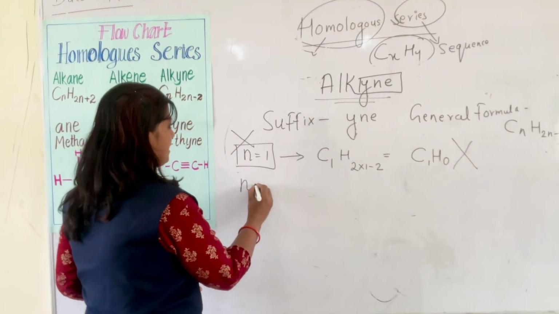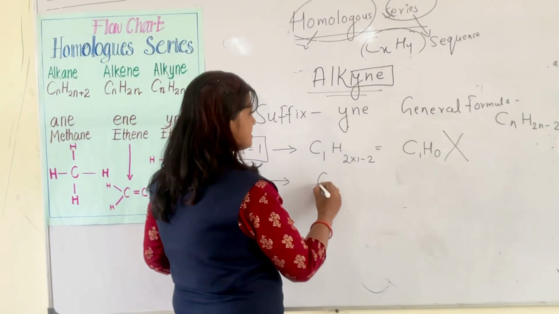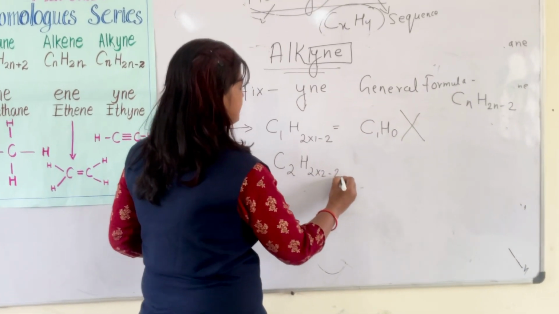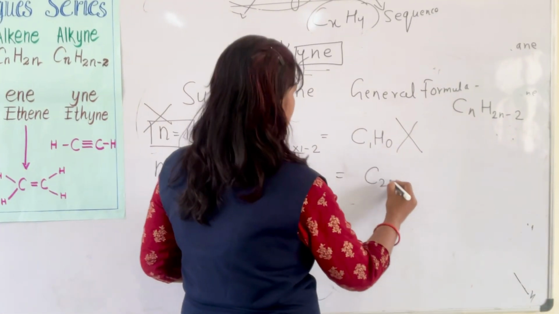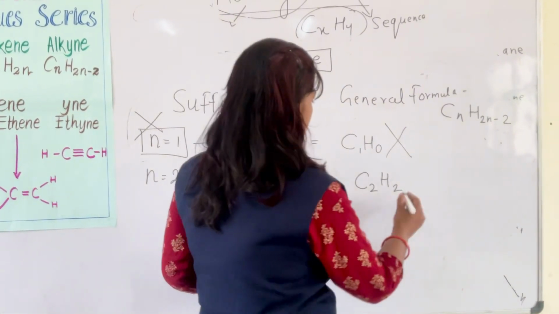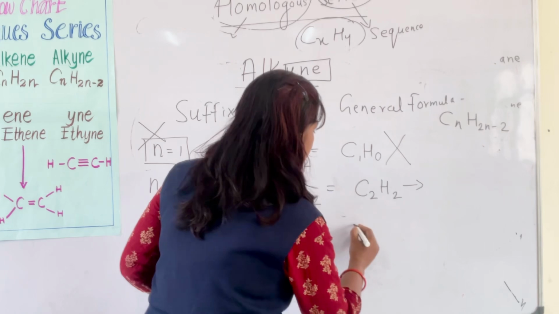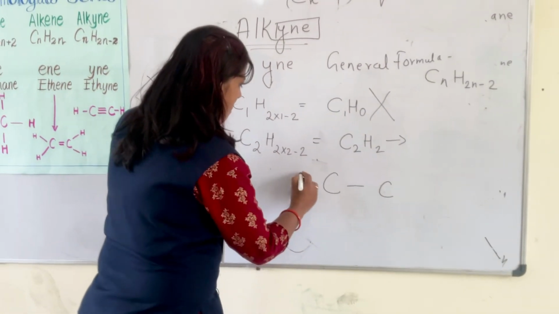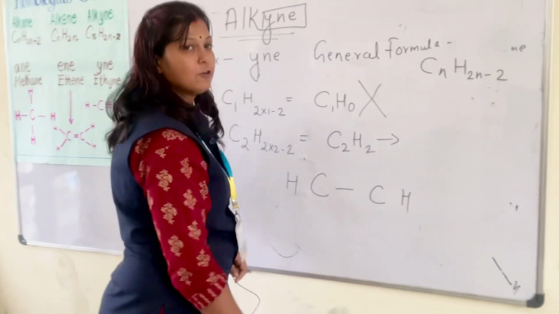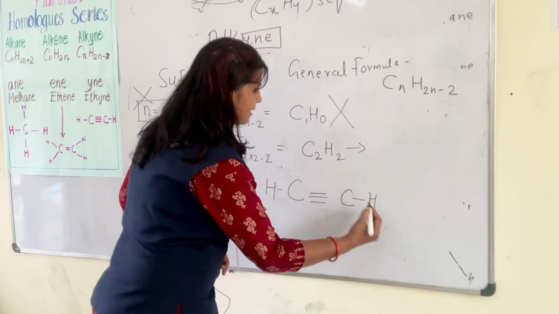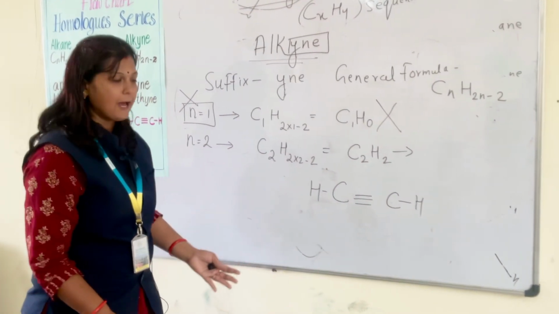Now we will go with n equal to 2. We will check C2, hydrogen 2 into 2 minus 2. C2, hydrogen 2 into 2 is 4, minus 2 is 2. Now how to draw the structure? 2 carbon molecules bonded with 2 hydrogen. 1 hydrogen, 1 hydrogen. So here just put a triple bond and here 1 bond. Now check with the carbon.